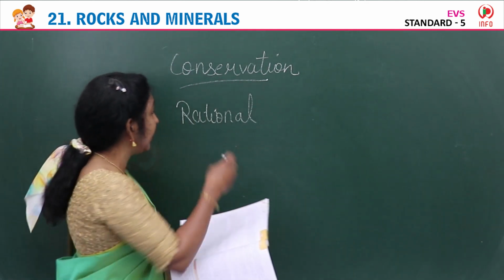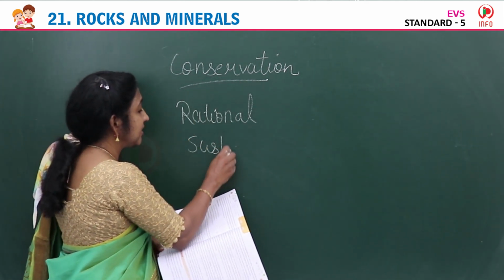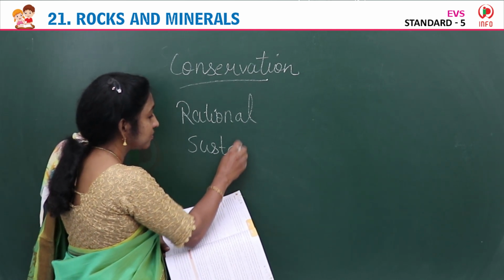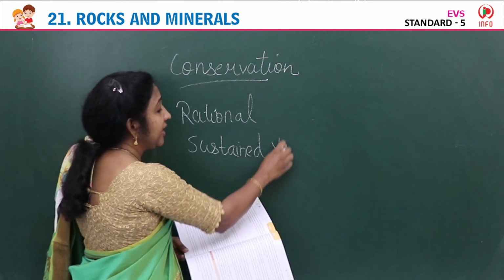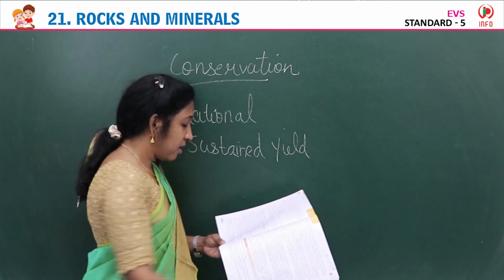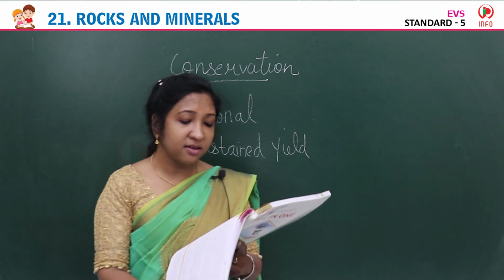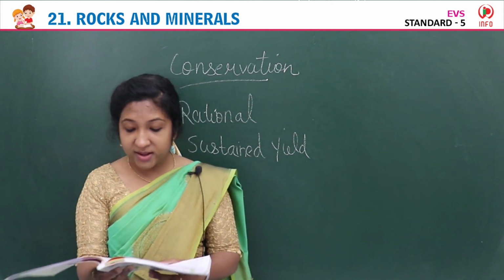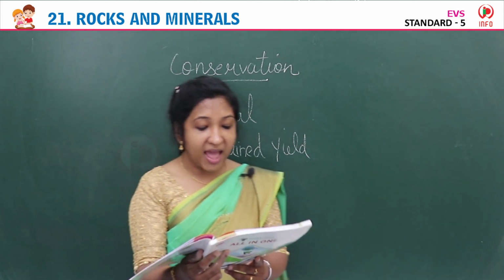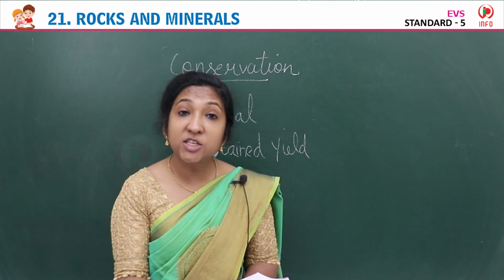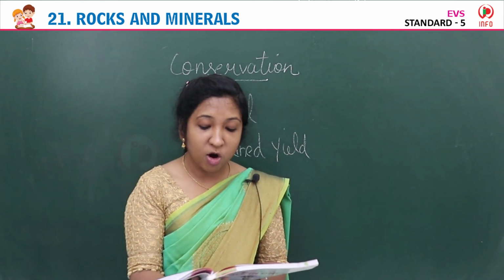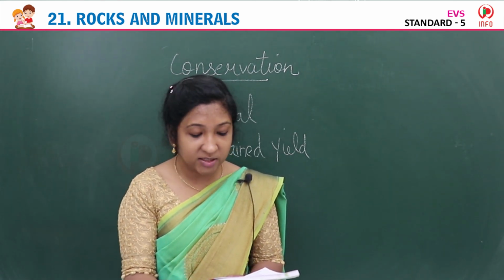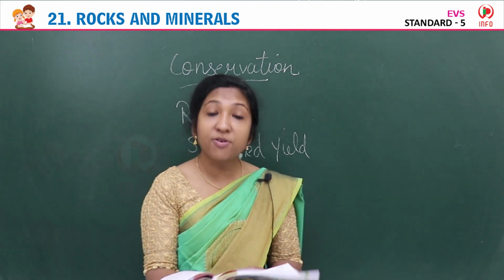Next is sustained yield. The concept of sustained yield is involved in these activities. What is that? This means cropping the annual surplus of individuals so as not to endanger the breeding stock of game animals or fish.